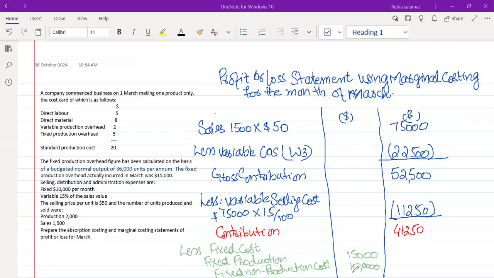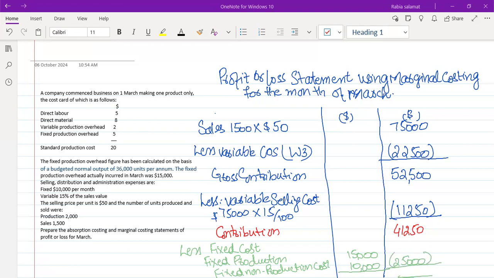It's given per month. So total fixed cost is 25,000.